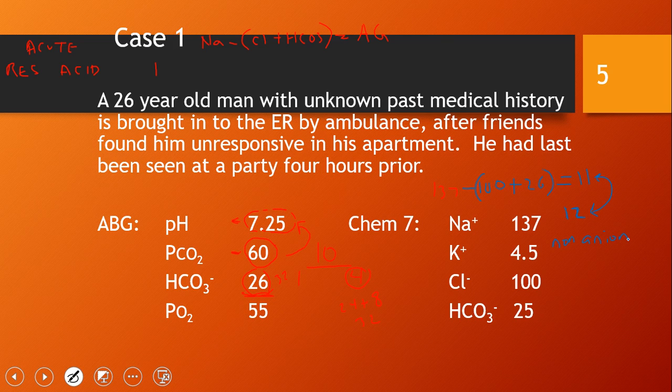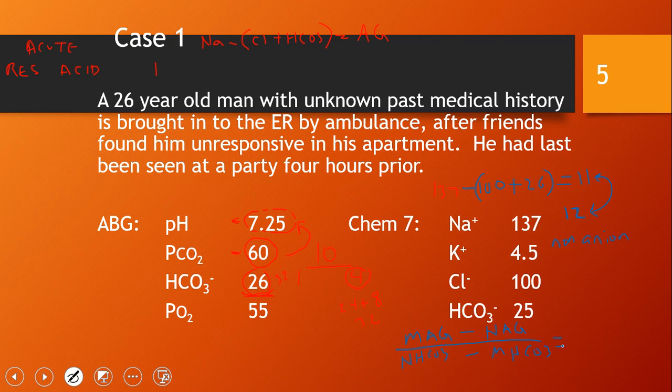Now what we need to do, I guess the other step for this, would be doing the delta-delta ratio. If you remember, that was the measured anion gap minus the normal anion gap, put that over the normal HCO3 minus the measured HCO3, and that'll give us our delta-delta.